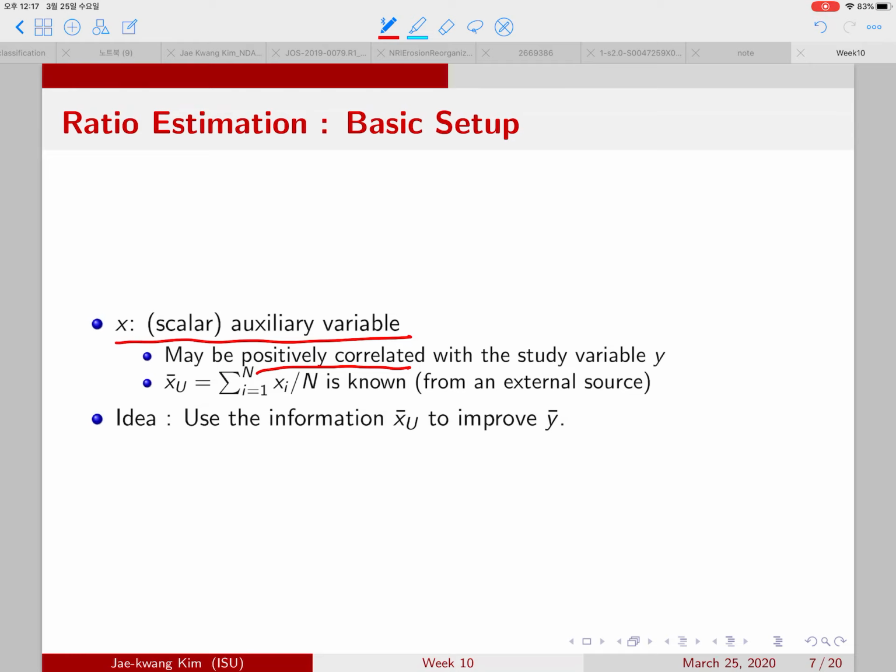Second, the population mean or the total of the auxiliary variable should be known. We never know this information from the sample, so it should come from an external source. The idea for ratio estimation is to use the external information, x bar u, to improve y bar.